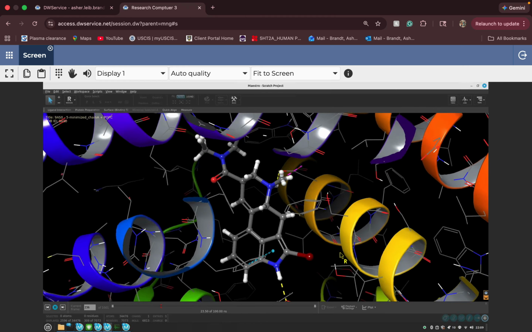Same hydrogen bond with serine 242 on the bottom. The salt bridge with aspartic acid 155. The only major difference is sometimes you'll see that halogen bond with threonine 160. And bromine is, as we said, a significantly larger atom than hydrogen. So you do have size effects in that position too.